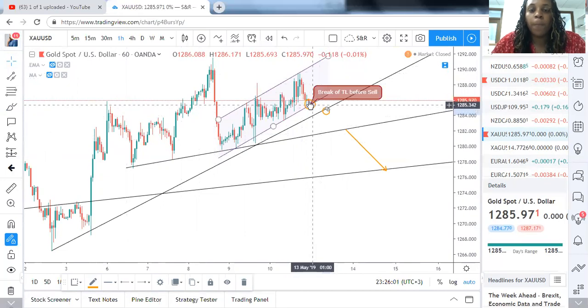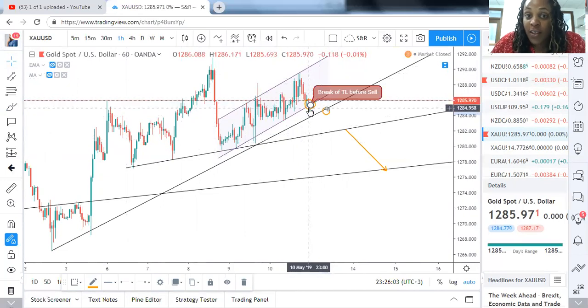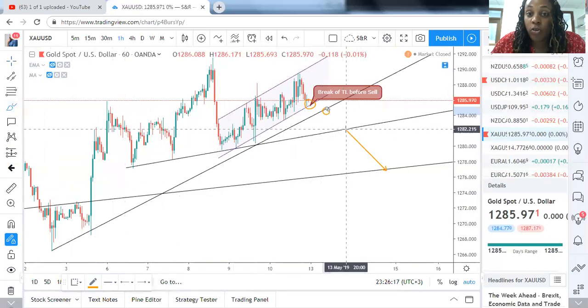If we get a solid body candle breaking this ascending channel, first position into our sell. If we get a solid body candle breaking this trend line, this is the second position that you can add. And then also if we get another solid body candle breaking this trend line, that's your third position.